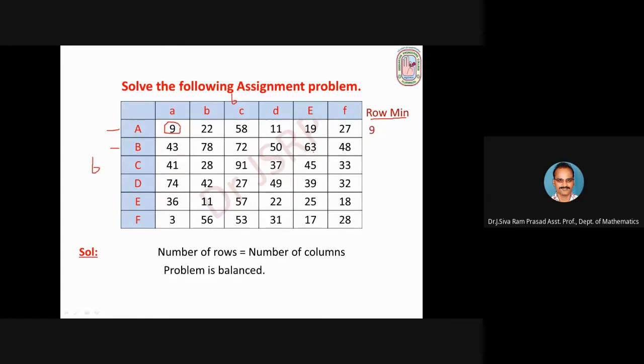Second row minima 43. Third row minima 28. Fourth row minima 27. Fifth row minima 11 and sixth row minima 3. So these are row minima values.